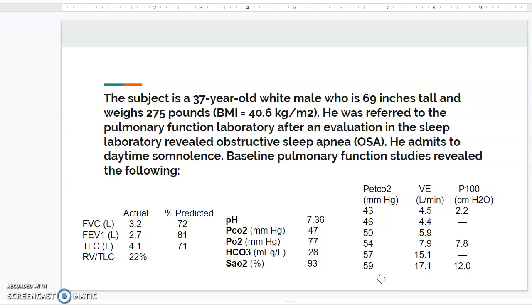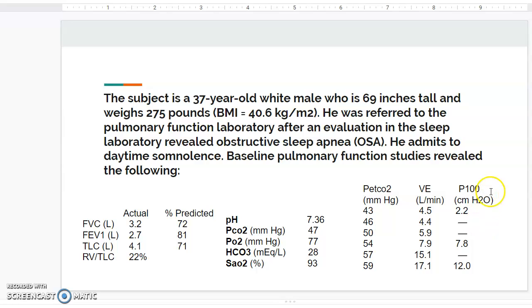The P100 was obtained at baseline, that's the occlusion pressure, after 2 minutes and near the end of the test. All pressures were repeatable and the average values were reported. So the question we have for ourselves, knowing what the tech said and having the data available to us, is, does this patient have a normal ventilatory response and a normal ventilatory drive?